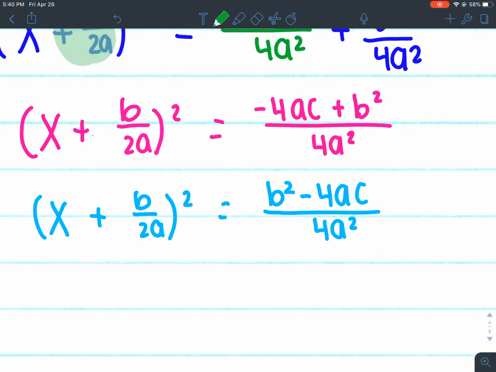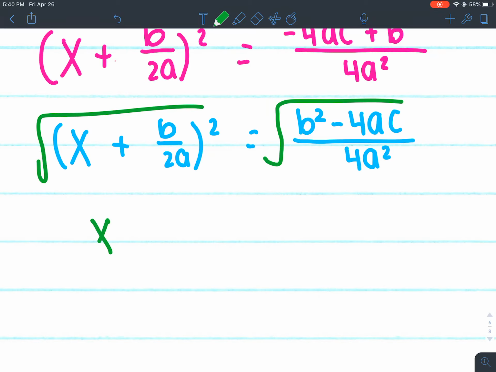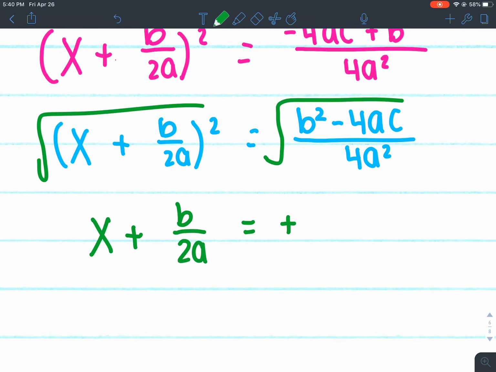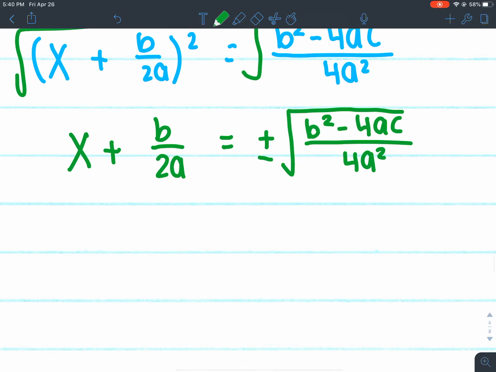All right, the next thing I'm going to do is take the square root. So after we've simplified and factored, the next step in completing the square is taking the square root. So all I have left is x plus b divided by 2a equals, remember when we square root, we always have two solutions, so plus or minus the square root of b squared minus 4ac all over 4a squared.